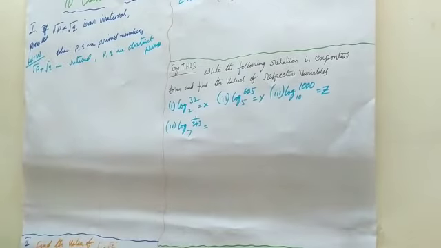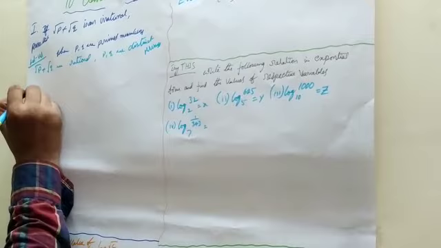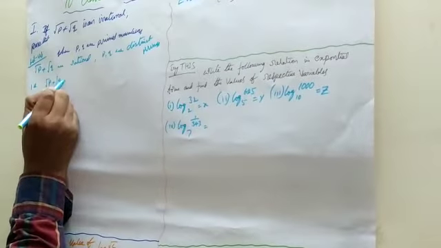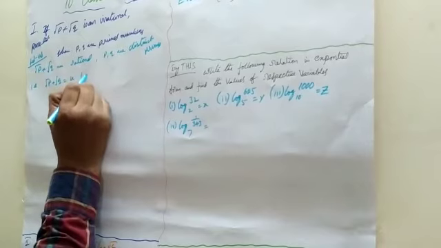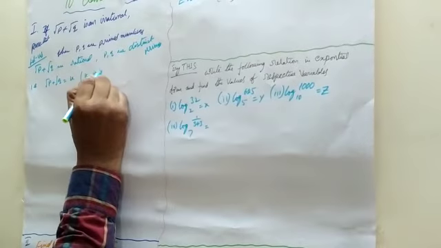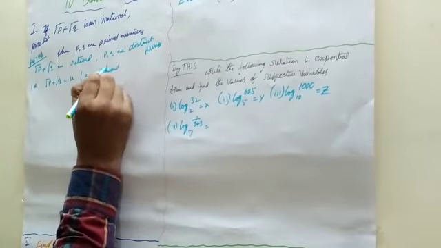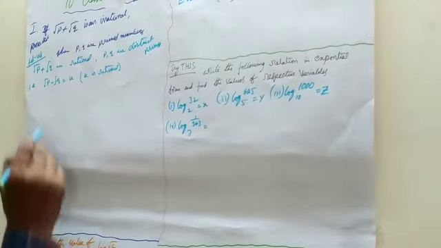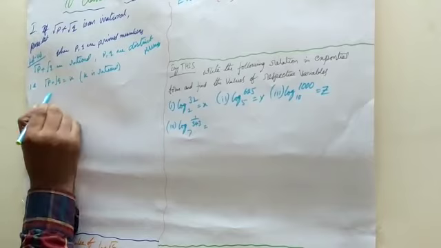Therefore root p plus root q is equal to k, where k is a rational number. Squaring on both sides.